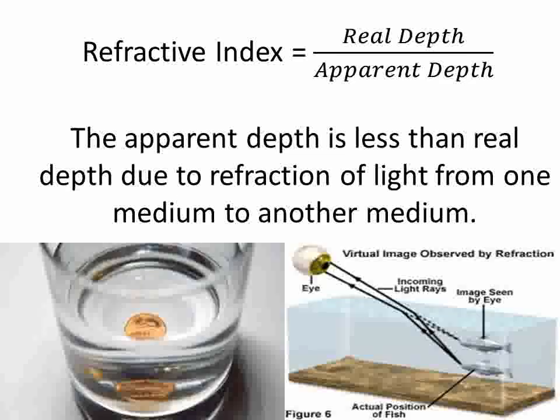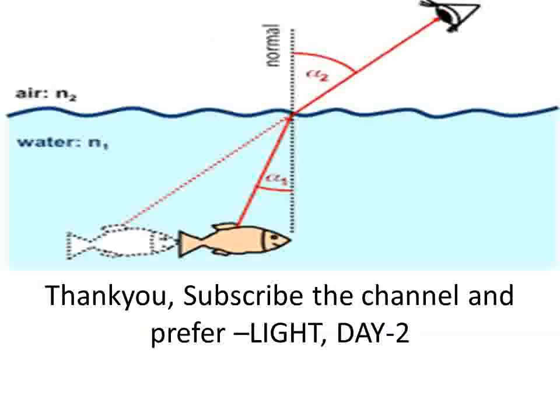These dotted rays make the virtual image in water. When we are observing from air and water, the fish does not appear in its actual position. That is, the apparent position is observed, which is the dotted one, due to refraction of light.